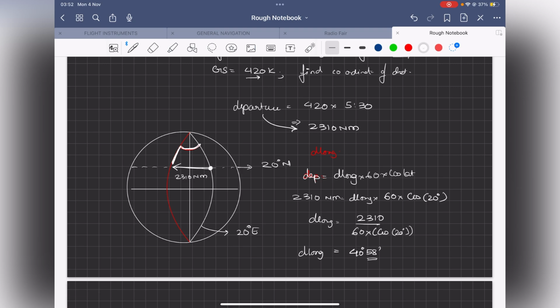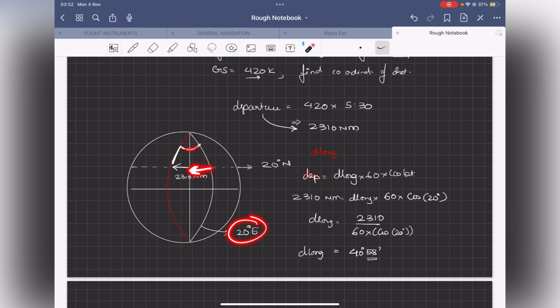The same logic applies. A lot of books will tell you minus, minus, plus, plus, a lot of formulas. Let's keep it very simple. We are going to travel westwards, towards the prime meridian. I know that if I'm at 20 degrees east, then by the time I reach the prime meridian I have to cover 20 degrees. How do I know this? From the definition of longitudes.